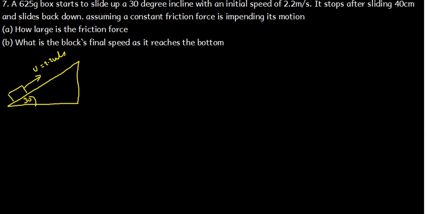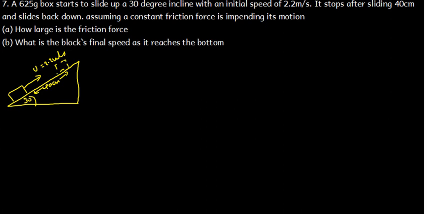Now notice that there is no applied force here, but it is sliding up. And they've told us there's a constant friction opposing the motion on this object. Then it moves for 40 centimeters. So it moves from this point where it is, covers 40 centimeters to reach somewhere, and then it starts going back again.